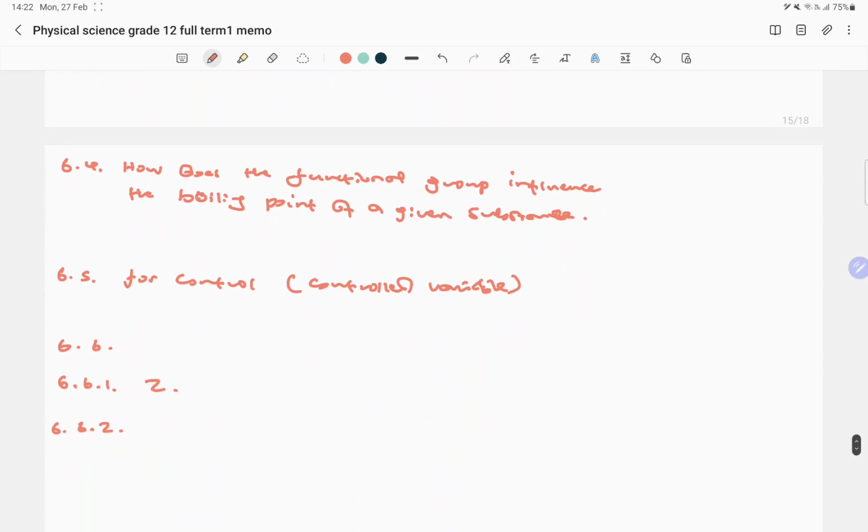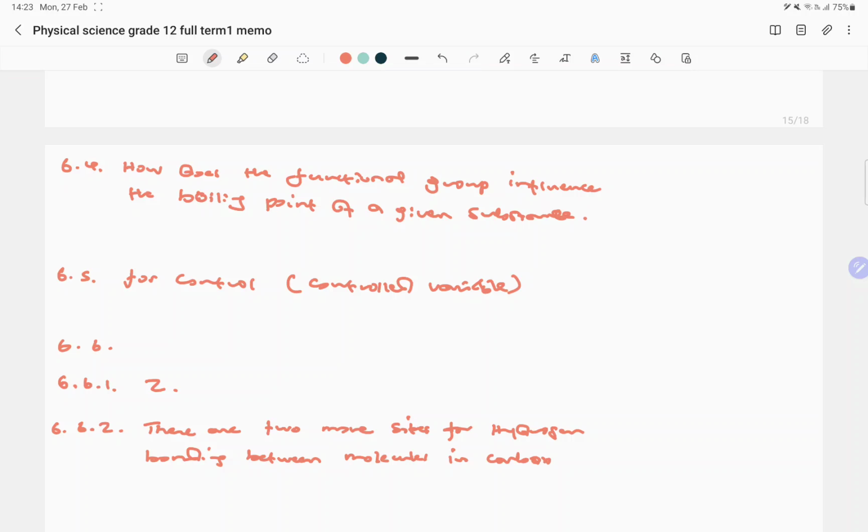We can say, basically, there are 2 more sites for hydrogen bonding between molecules in carboxylic acids.